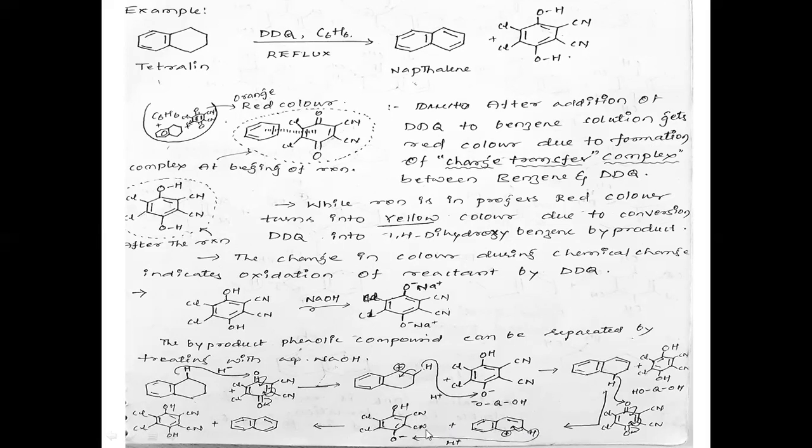After the abstraction of hydrogen in the form of proton, you get the reduced molecule of DDQ again. So you get another double bond, which is called naphthalene. Tetralin is converted into naphthalene. So here you got two double bonds, and two DDQ are utilized. For every one double bond formation, one equivalent of DDQ is required.